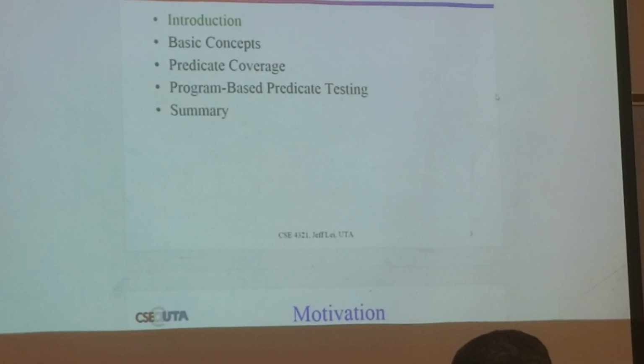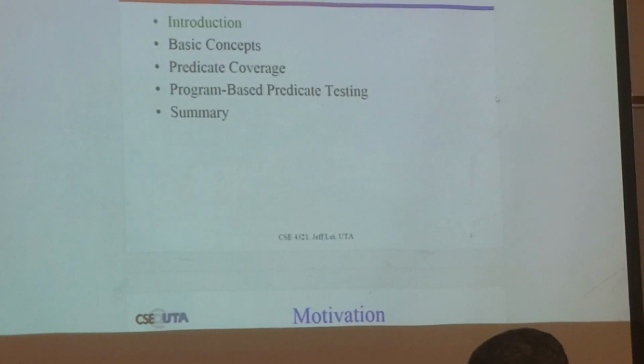So if we connect that to what we do when we write programs, a predicate is basically a decision point, a conditional expression that you use to make decisions in your program. So why do we want to do predicate testing? Basically, in predicate testing we want to look at each decision point in your program.